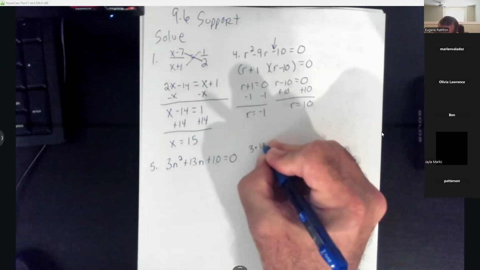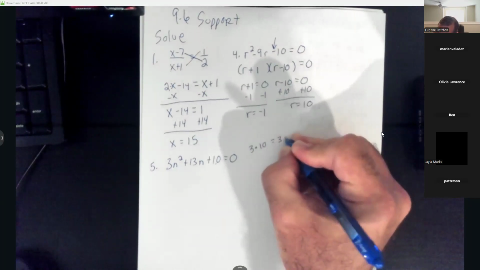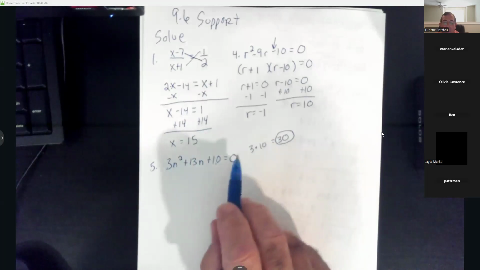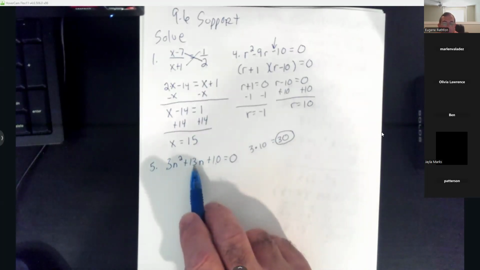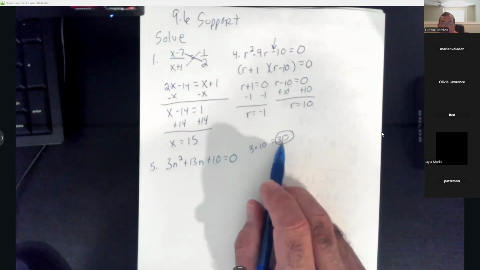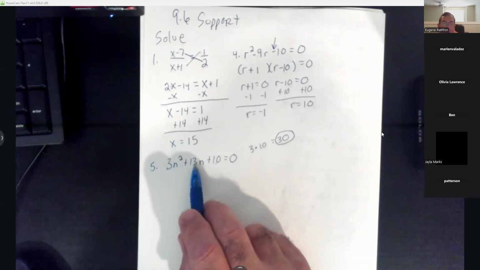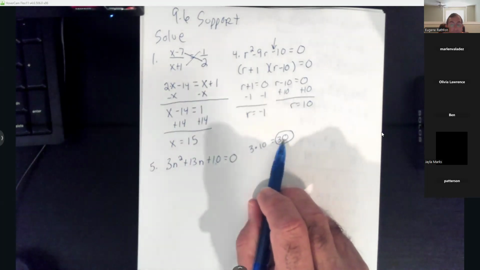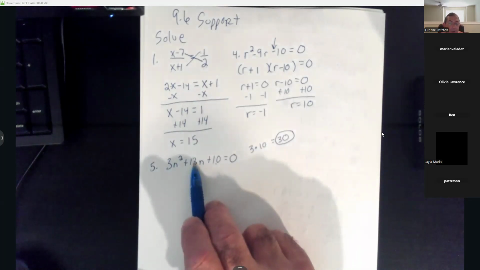So 3 times 10 equals 30. So watch what I do. I'm going to rewrite the middle using factors of 30 that add to get 13. So y'all find me some factors of 30 that'll add to equal 13.